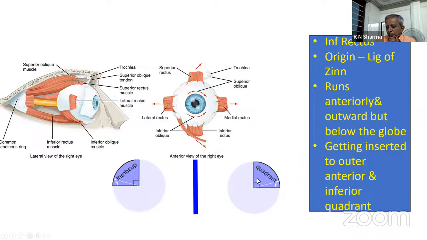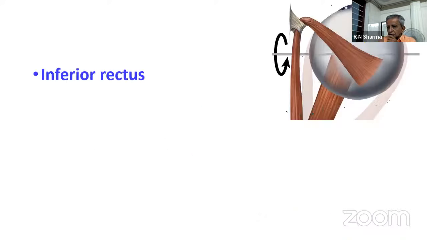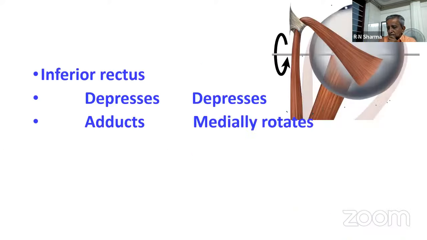So it will pull the anterior part downward. Therefore, it is a depressor, and it will be an adductor, and it will be an extortor because it is pulling the 6 o'clock meridian in a rotary fashion towards the nose. So 12 o'clock meridian will go outward. Therefore, it is an extortor.